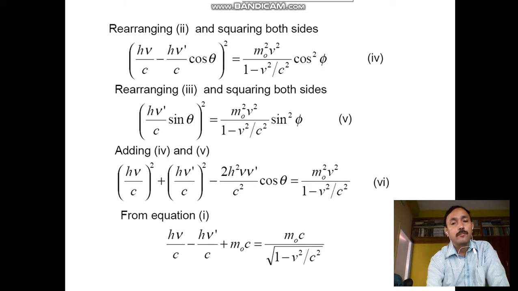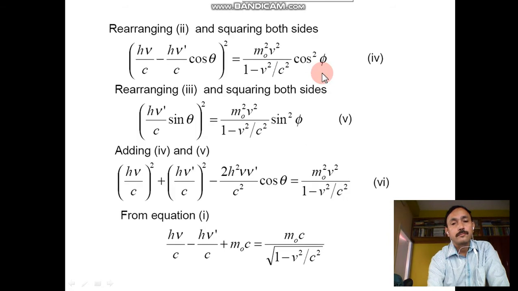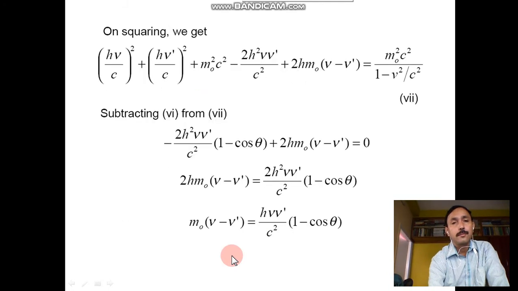From this equation, we have written this one: h nu by c minus h nu dash by c, dividing both sides by c, is equal to m naught c by this minus m naught c. So m naught c on the right hand side comes to the left hand side and becomes plus.